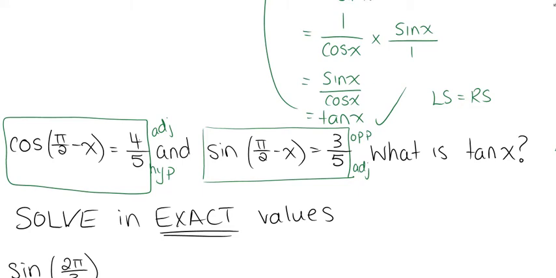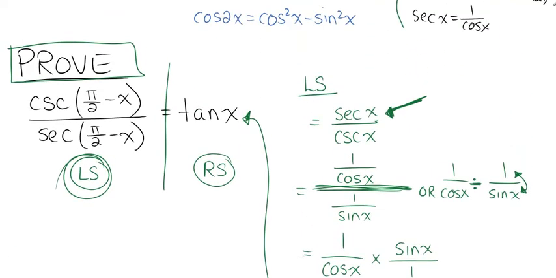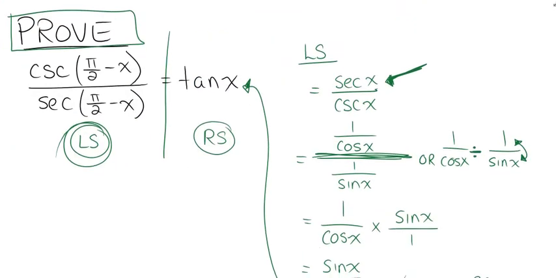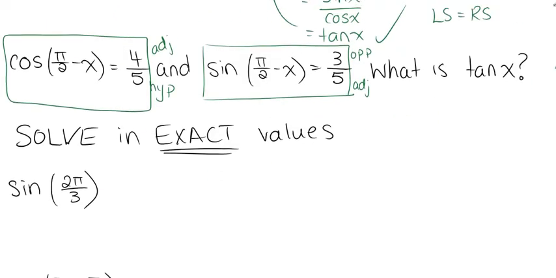But I also know that cos of pi over 2 minus x and sine of pi over 2 minus x are equal to sine and cos, like they're the opposite guys here. So sine of pi over 2 minus x is actually cos x. That's kind of crazy, but what I can do is replace this whole thing and say this is actually sine x is 4 over 5.